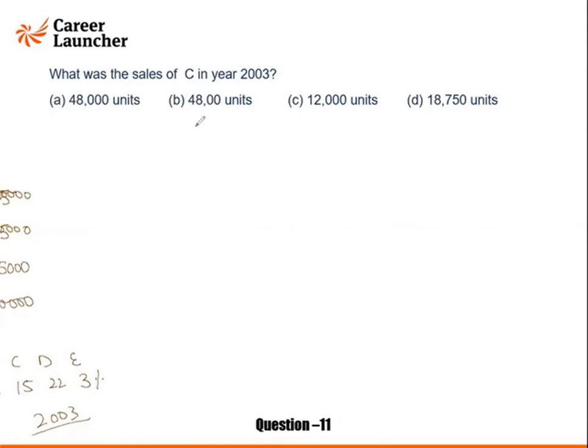Value of all the partners. So let's say the total sales of 2003 is T, and I'm taking A's share. A's share is 24% of total, and the value is also given to me. So T's 24% is 30,000. So T will be 30,000 into 100 by 24. And what I need to do is calculate C's share, and C's share is 15% of the total.